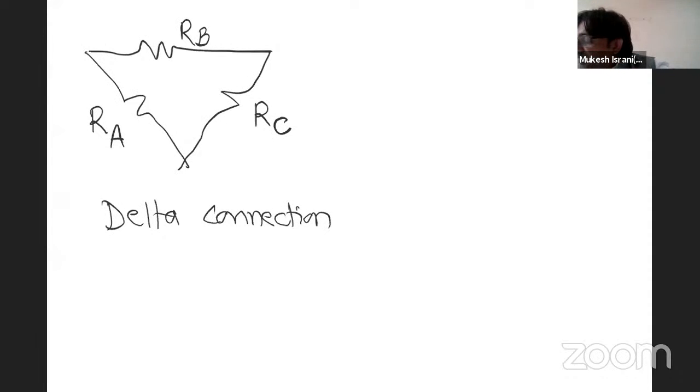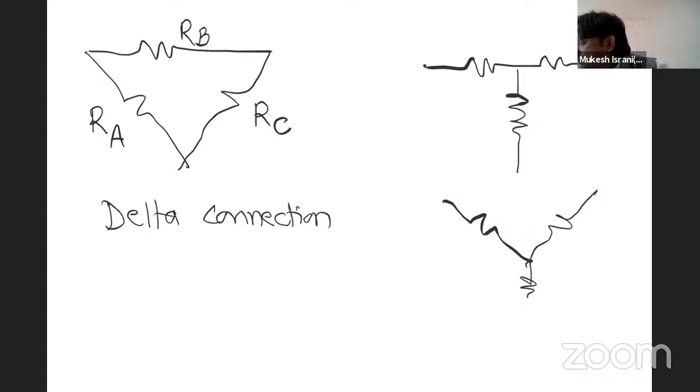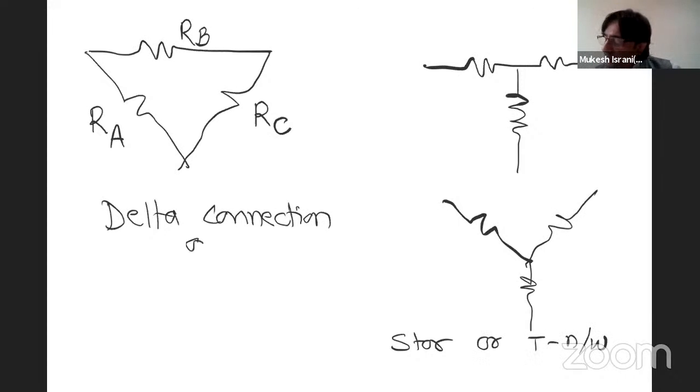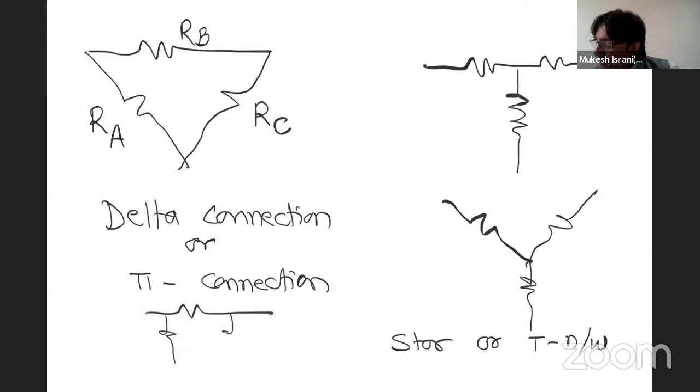And whenever three resistances are like this, or even like this, slightly tilted, this is called a star or T network. Another name for delta connection is a pi connection, because we can even show these resistances like this and it looks like the symbol pi.